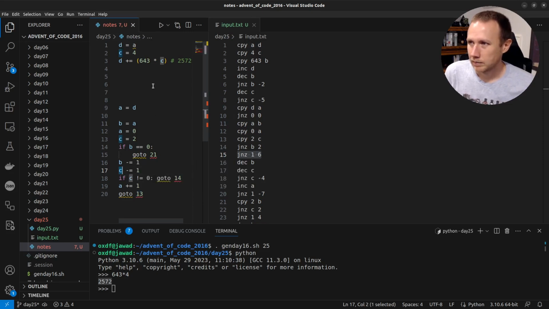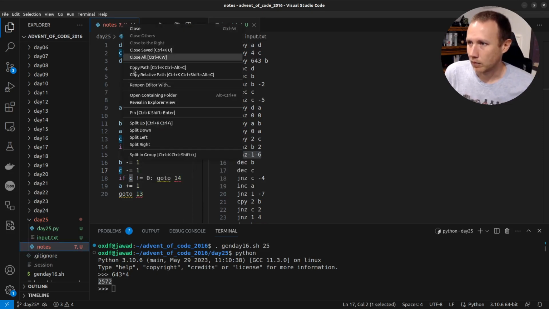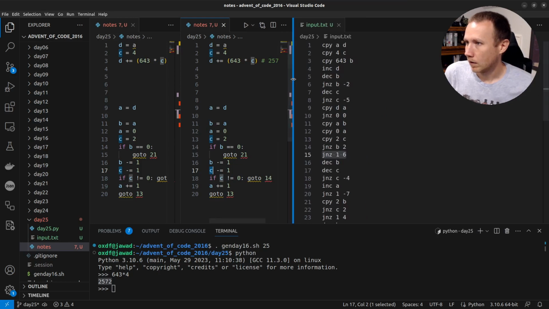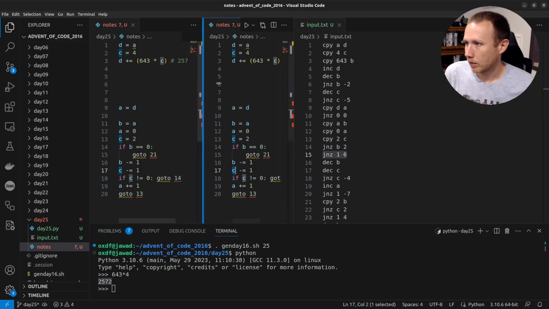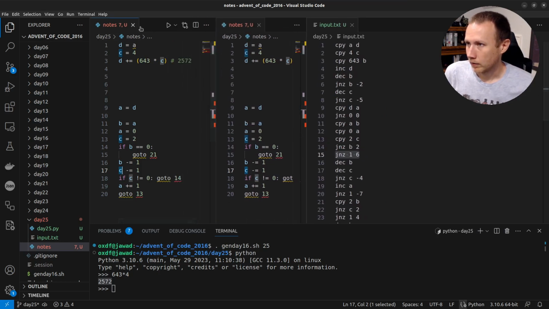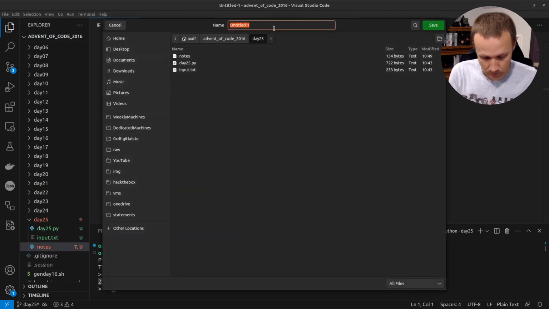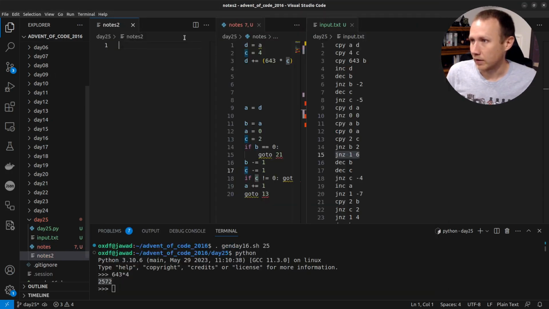So I almost want to do, we need to do this another one, split right. Okay. Let's scooch this around here. Let's make ourselves a new one here, and we'll call this save notes 2. I'm just saving it so I get the lines lined up.